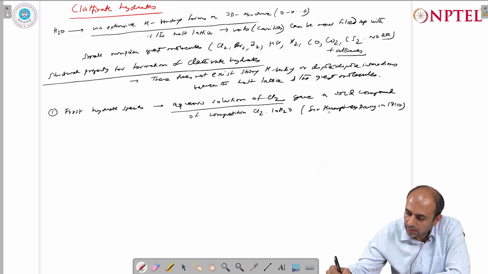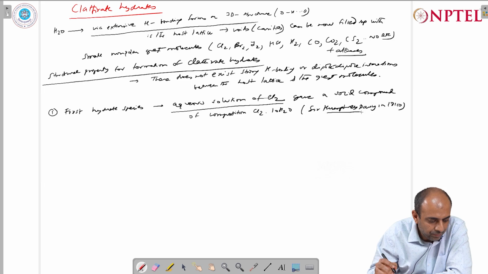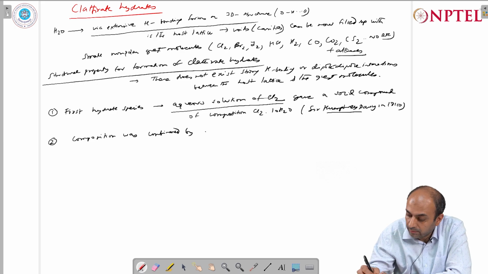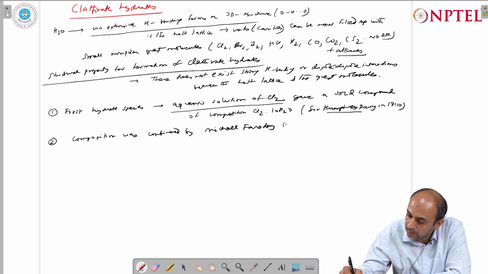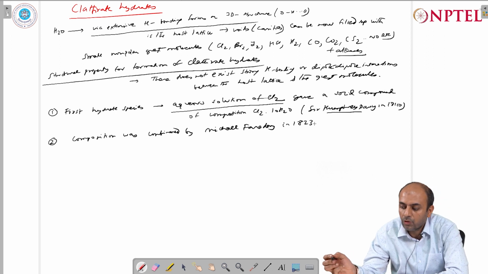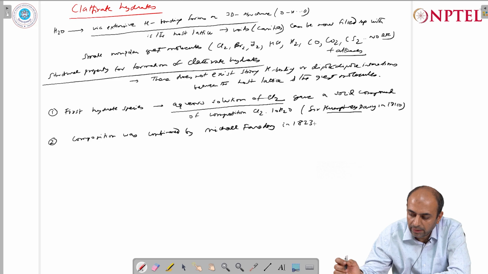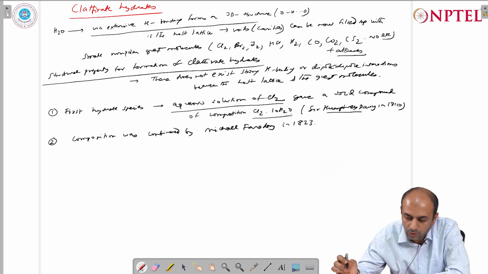The composition was confirmed by Michael Faraday, a very famous scientist, in 1823. So, once the compound was discovered, the composition was confirmed by Michael Faraday, and it was found to be Cl2.10 water.